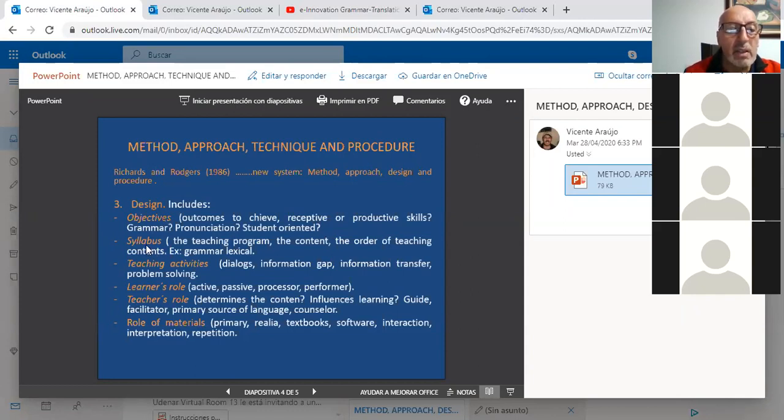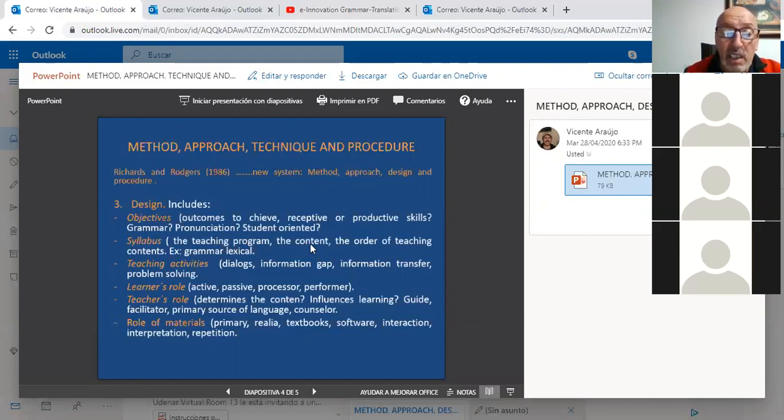Objectives. Next, syllabus. The syllabus is the teaching program itself. When you are going to work in a high school or at university, before starting, you have to prepare a teaching program. How are you going to organize your program? That's the program that we often present to you at the beginning of each semester.